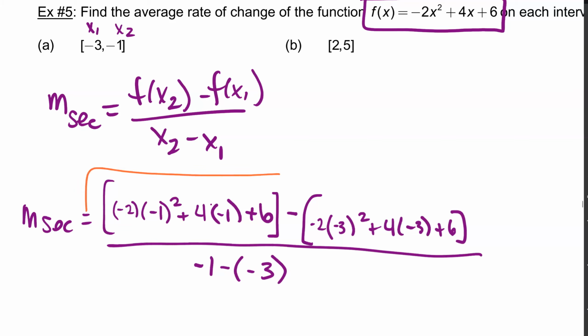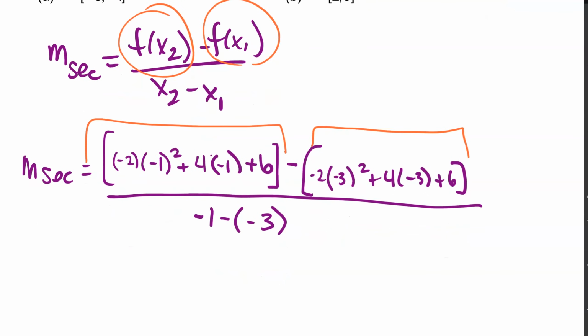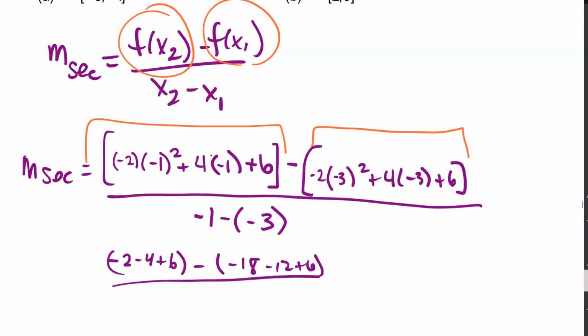This portion right here is f of x2. This portion right here, f of x1. So this is negative 2 minus 4 plus 6, minus negative 18 minus 12 plus 6, all over negative 1 plus 3, all over 2.